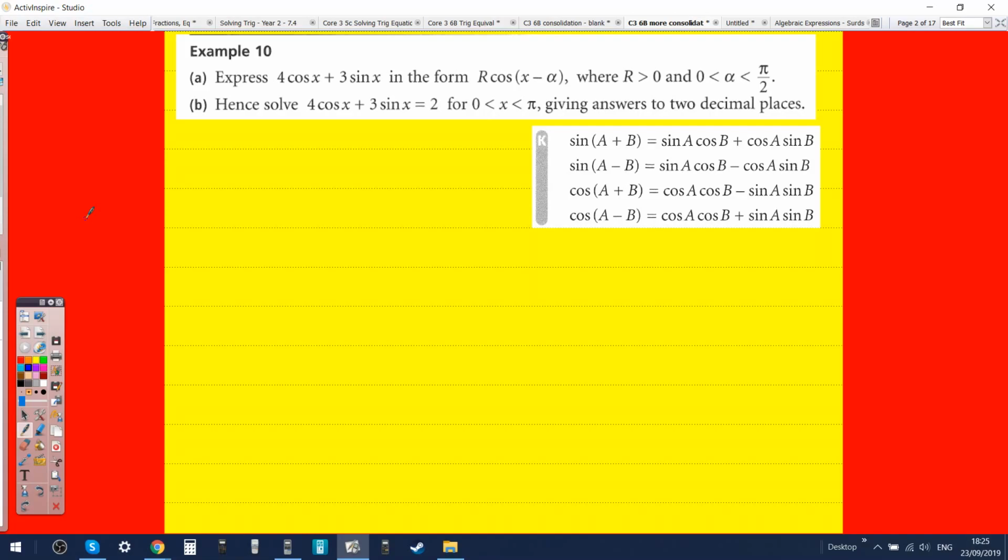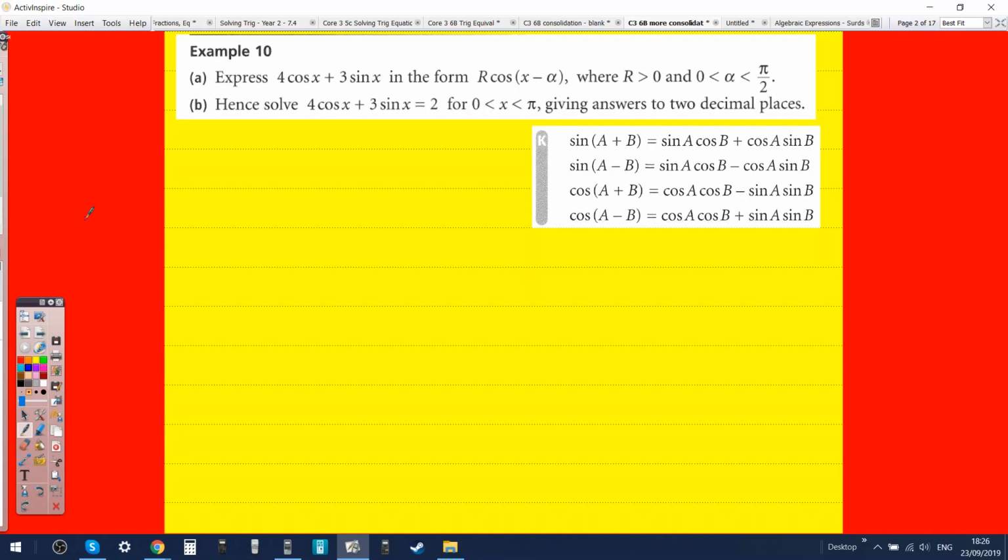So they are having to say that alpha is between something and something else, and bigger than 0 as well. My guess is that in the previous one they would have said alpha is between 0 and 360, and alpha would have been 236.3, but in that form it would be theta minus 236.3. Okay, let's try this one.